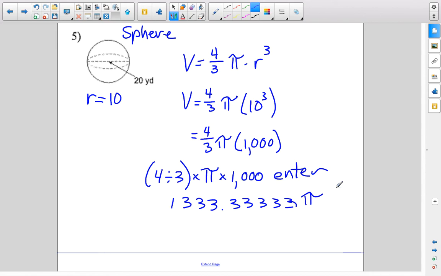Or if you go ahead and multiply that out, let me just check and see what I get so we can round that. And when I go ahead and put it in my calculator times pi, I'll get 4,188.79, rounding to the hundredths, because next came a 0, yards cubed. Pretty big ball.